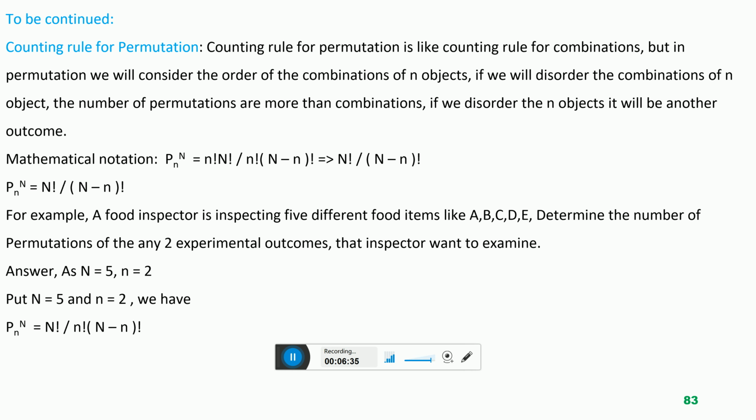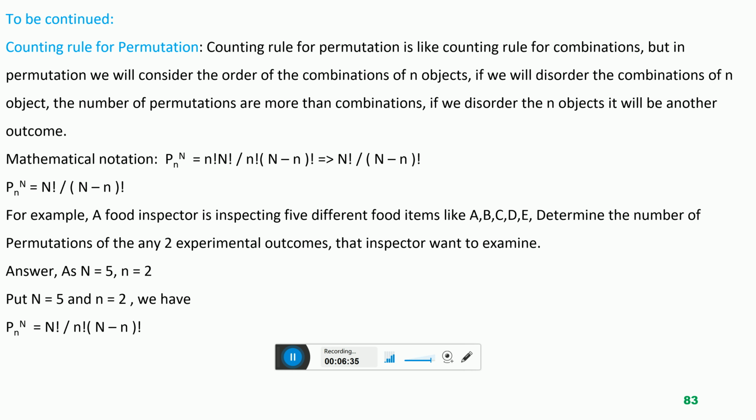So the question is: what are the total experimental outcomes of this experiment in the combination of 2 food items?